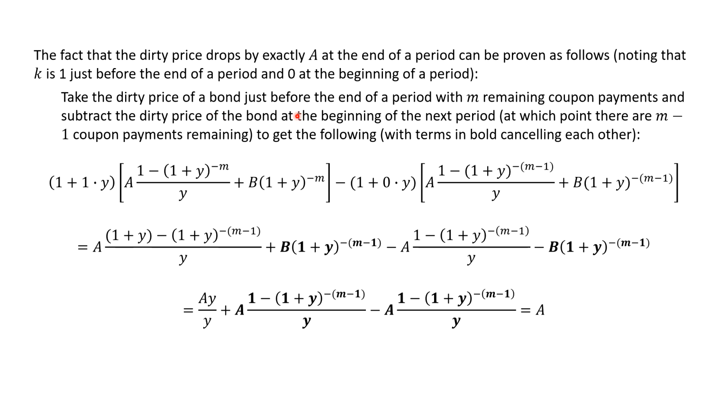And then we subtract from it the dirty price of the bond at the beginning of the next period, at which there are M minus 1 coupon payments remaining. And in that case, K is 0. So we have this thing on the right. And then we multiply through by 1 plus Y times the terms here, and we get this.